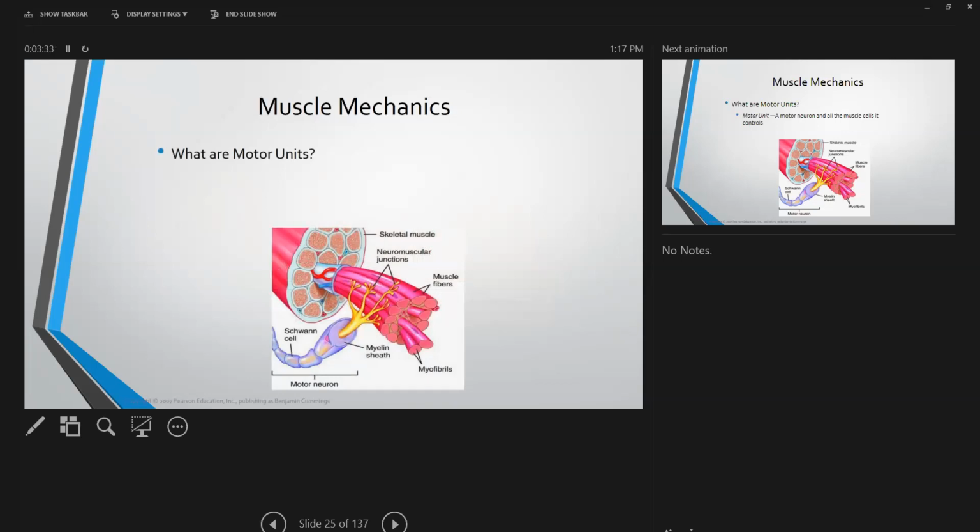What are motor units? So a motor unit is a small unit of muscle that is innervated by neurons. So we look at someone's calf musculature, we've got a calf muscle here, okay, and then there's the foot.